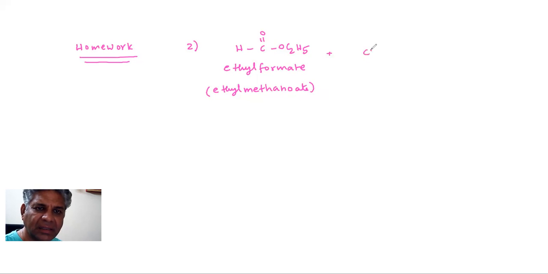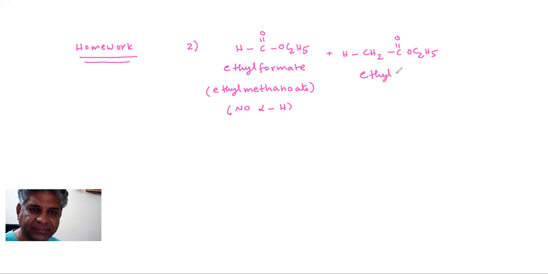Plus you write CH3, ethyl acetate, CH3 C double bond O C2H5. So no alpha hydrogen in this case. No alpha hydrogen. So this ethyl formate has no alpha hydrogen. Ethyl acetate. See, this is ethyl acetate. Now this has alpha hydrogen and forms a carbanion.